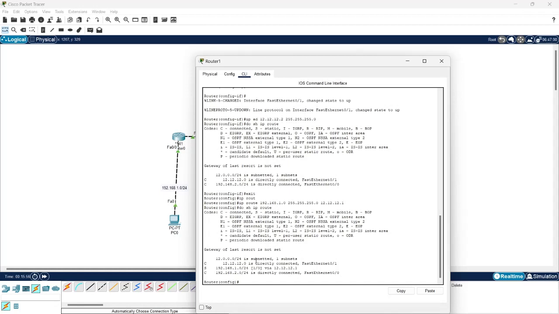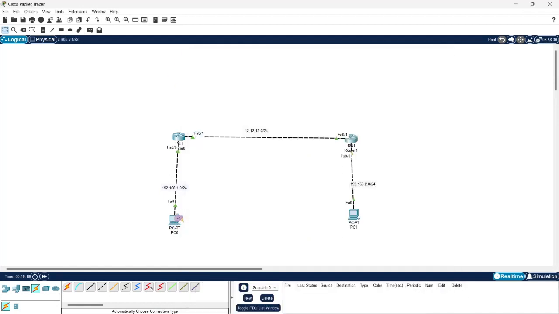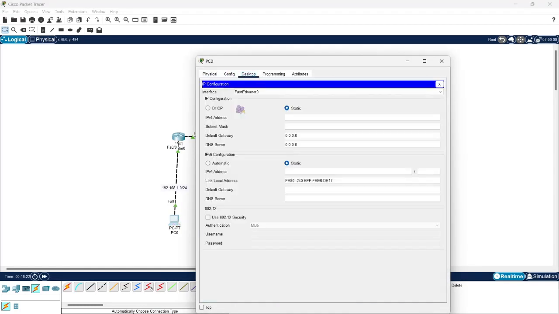And after that, we're gonna ping from the client or from the PC. But for the first, we're gonna add the IP address at the PC first. Okay, 192.168.1.2, subnet mask 24.